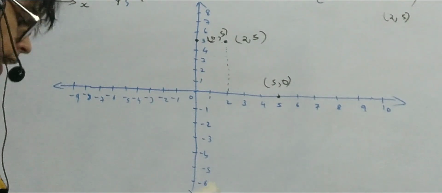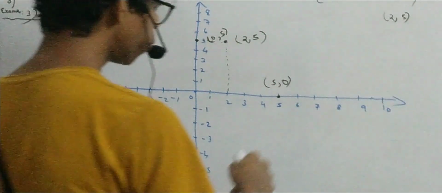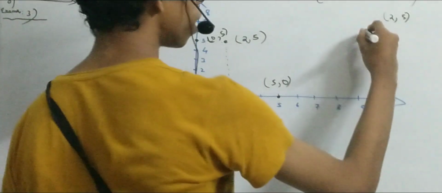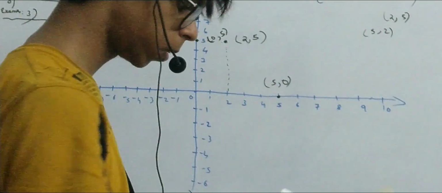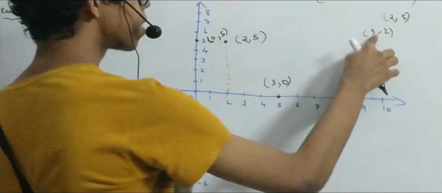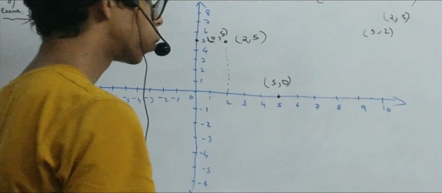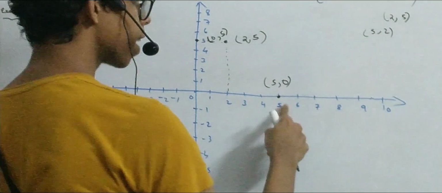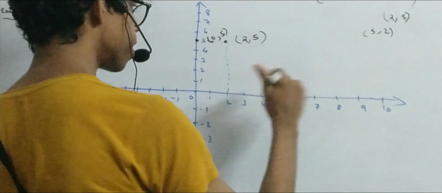Okay, now our next one is (5, 2). So if you see, when I say (5, 2), the x-coordinate is 5 and our y-coordinate is 2. So our x-coordinate is at 5, so I can put over here, and our y-coordinate is at 2.